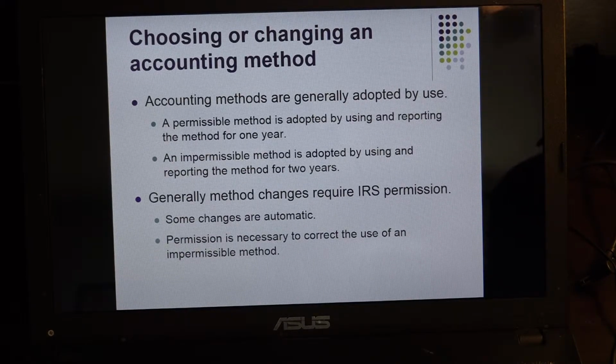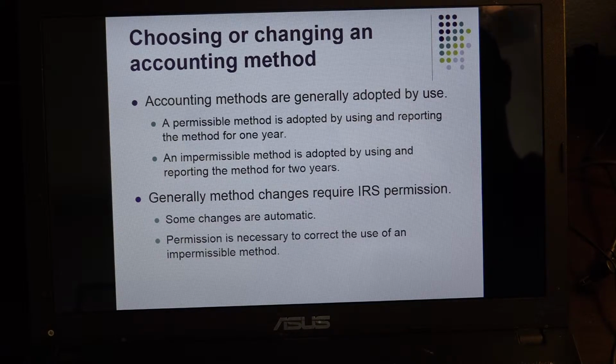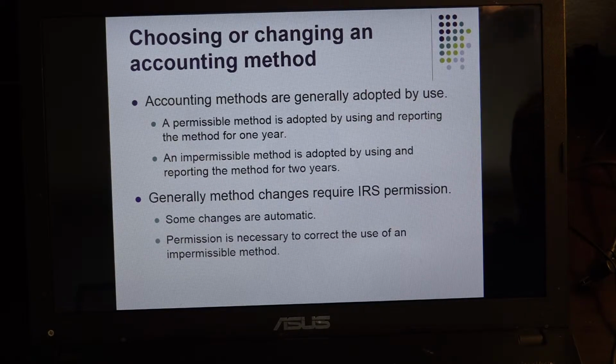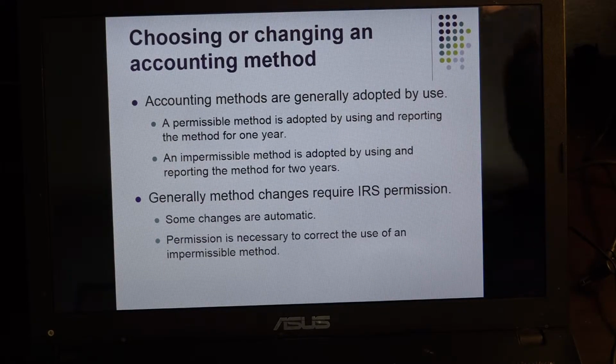So note here, accounting methods are generally adopted by use. A permissible method is adopted by using and reporting the method for 1 year. Note that you can adopt an impermissible method as well, such as when, let's say, a C Corp adopts the cash method.